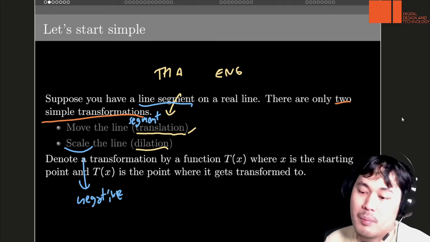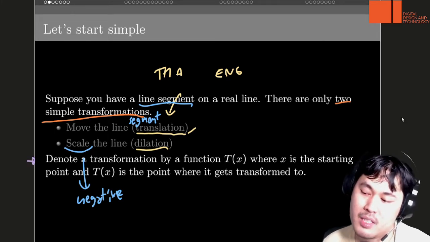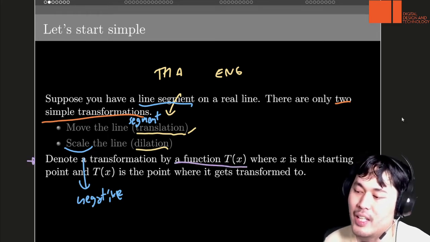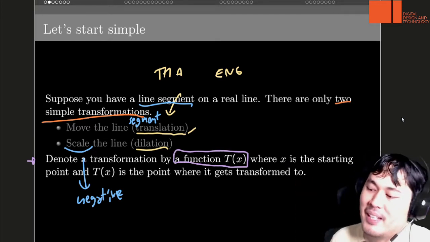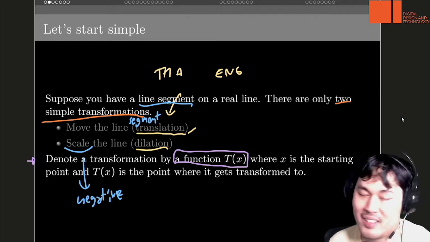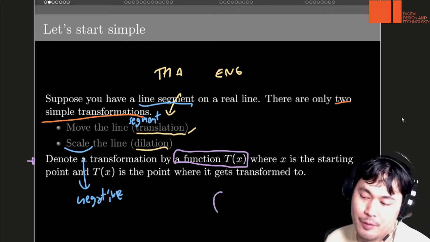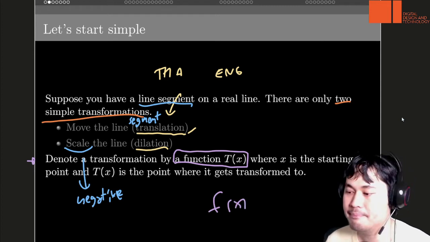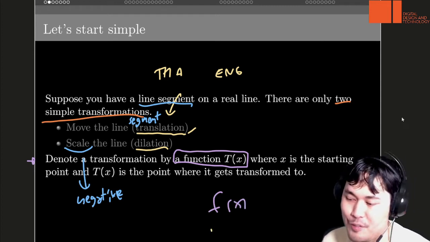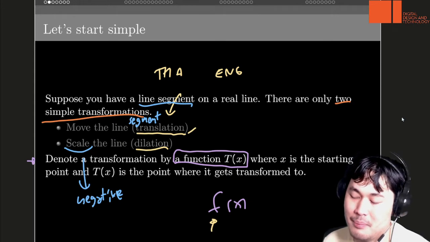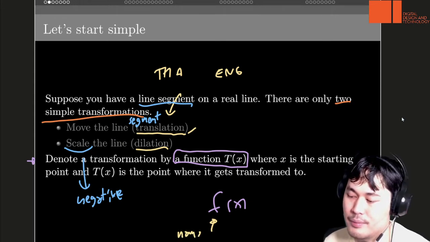And another formal definition is we can denote a transformation by a function T of x. Again, this may be kind of abstract, but it's going to be a lot easier if you write it this way. So remember the function f of x. f is nothing but the name of a function.